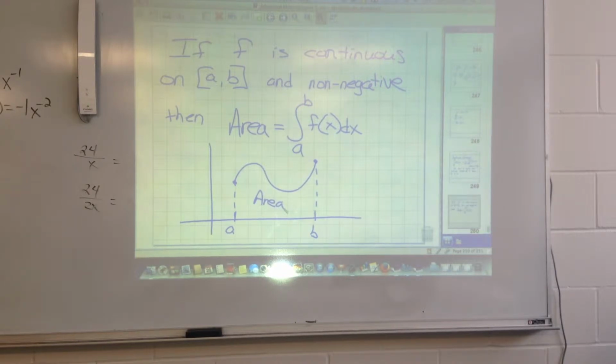Now again, we're not quite putting everything together, we're going slowly here. This is just a definition of the definite integral. And I'll do some problems like you're going to have here in a second. We got that picture?